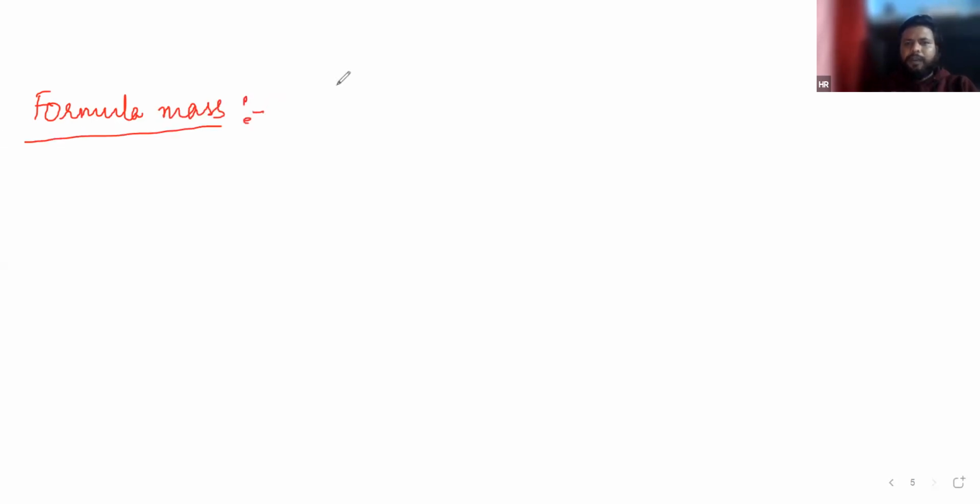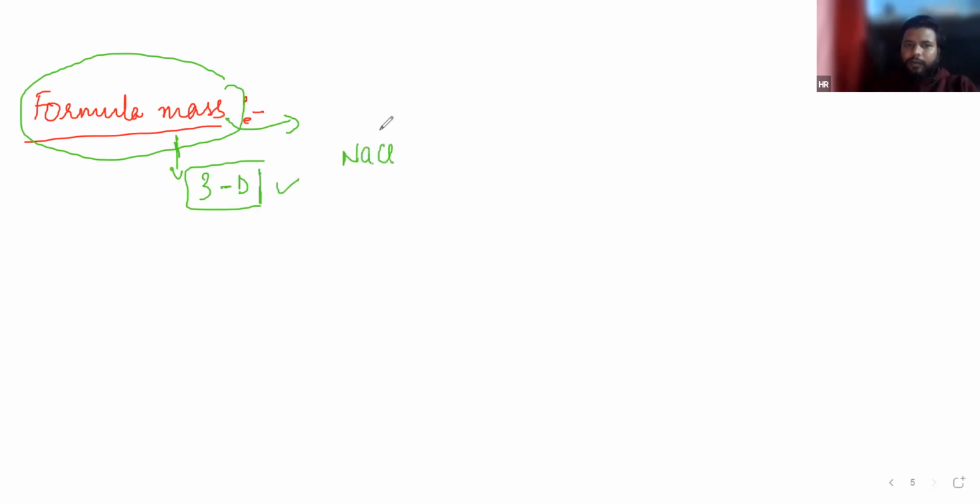Formula mass is exactly the same as molecular mass, but this term is used for the compound which exists in 3D, three-dimensional, like NaCl. We will study solid state in class 12, in which we will see there are too many compounds which exist in three-dimensional 3D.